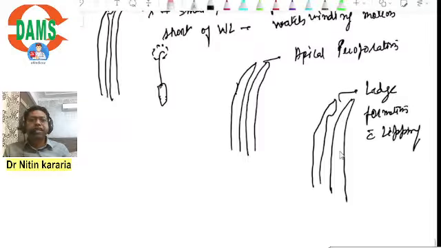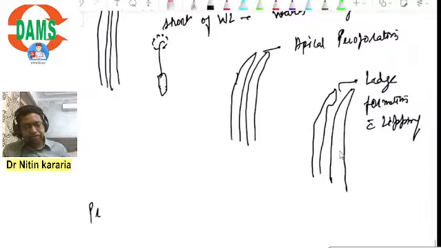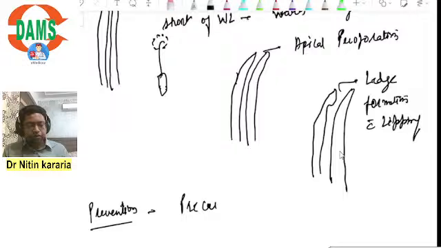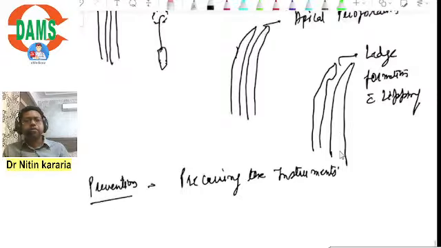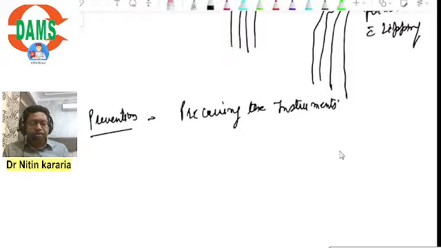Zipping basically means widening of the apical foramen. Prevention is by pre-curving the instruments. These are the procedural errors during instrumentation of the root canals, like ledge formation, apical perforation, and zipping.